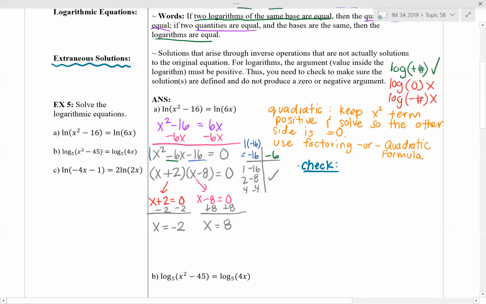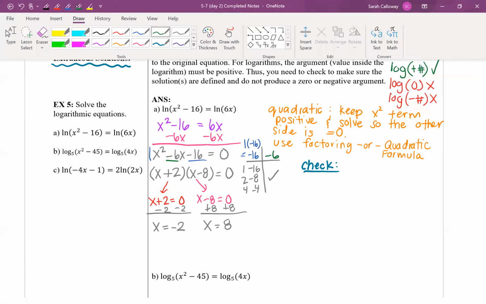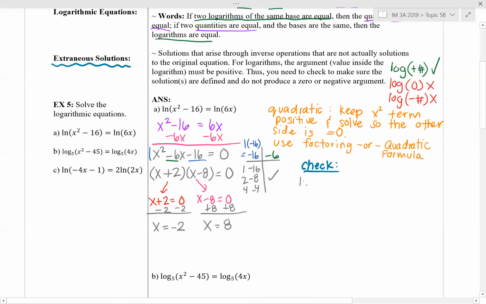Okay, so I'm checking the original problem. That original problem is ln of x squared minus 16 equals ln of 6x.